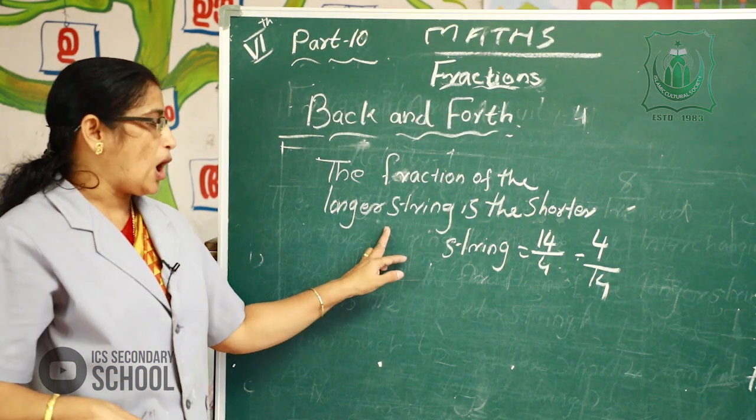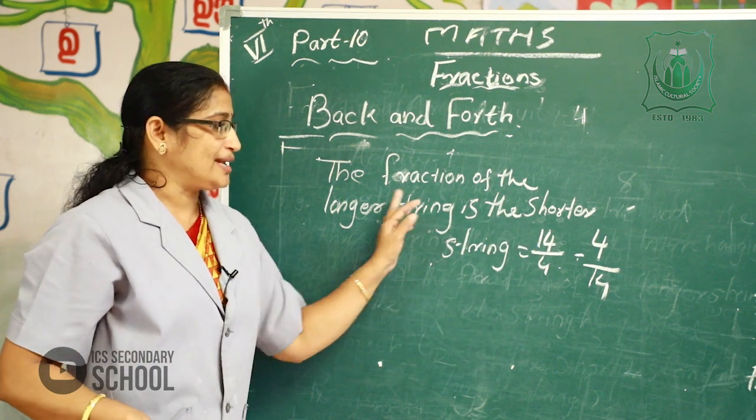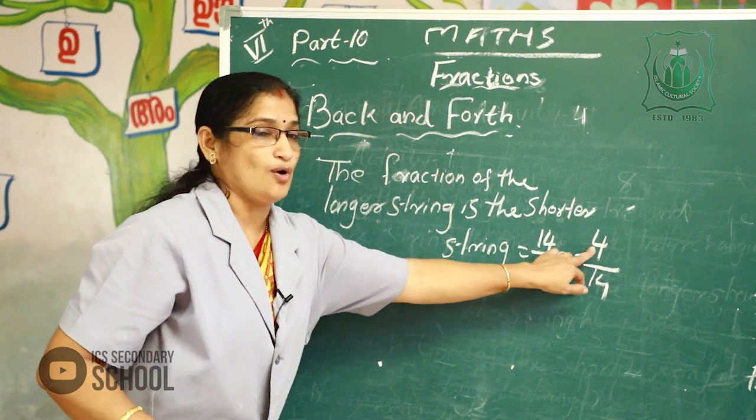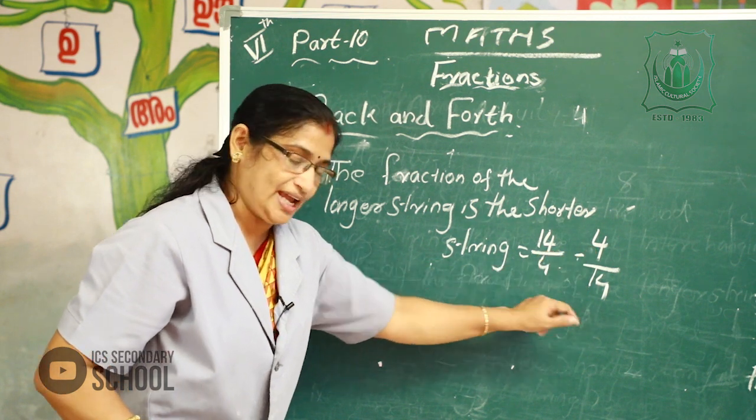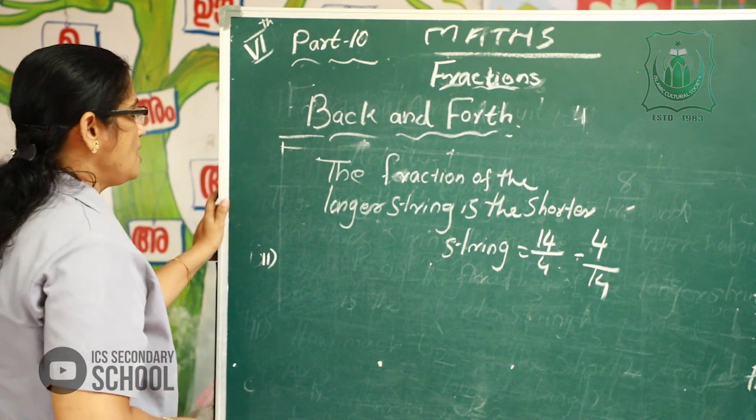Shortest string. The fraction of the longer string is 14 divided by 4 and the shorter string is 4 divided by 14. Next, question number 2.